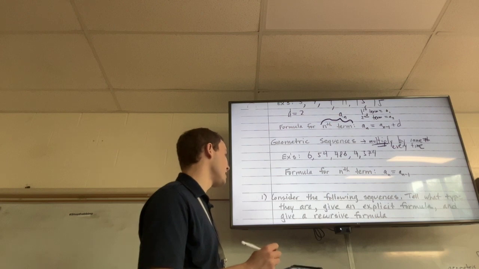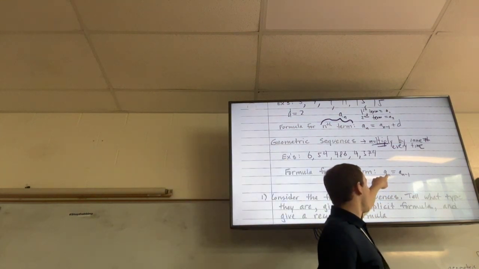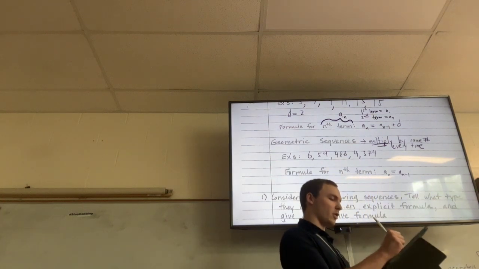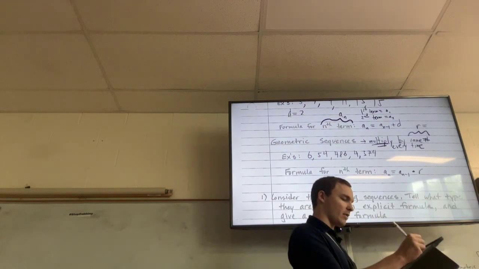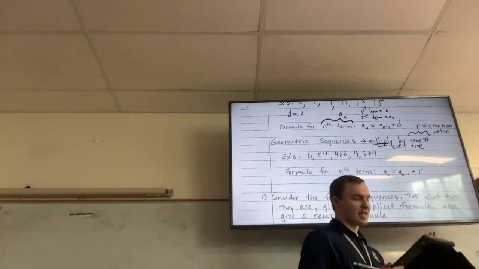To get any of the terms in my sequence, I go to the previous term and I multiply by that number called r. It's called the common ratio. That same number you multiply by, here it was 9.